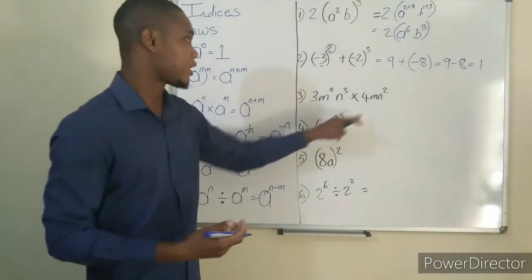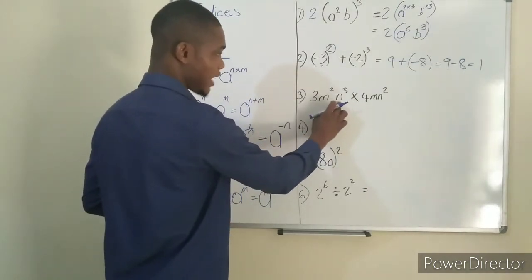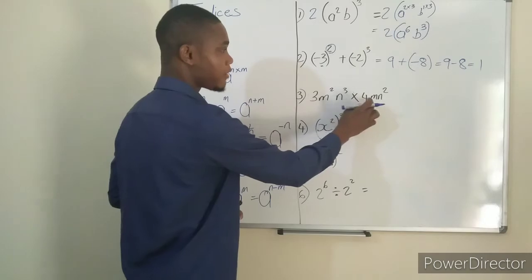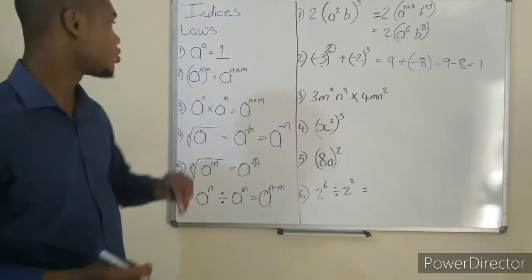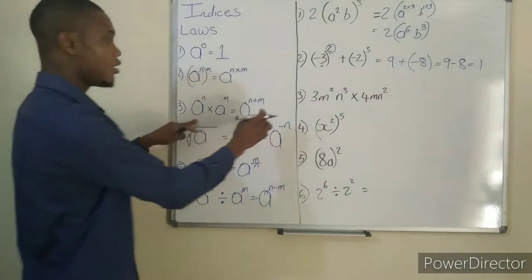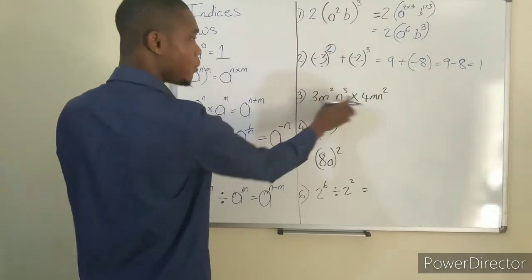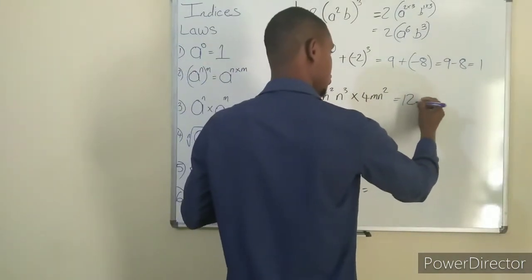Now this one, it says 3m squared times n to the third multiplied by 4mn squared. So now this rule would take effect. You multiply the numbers, so it would be 3 times 4, that would give you 12.